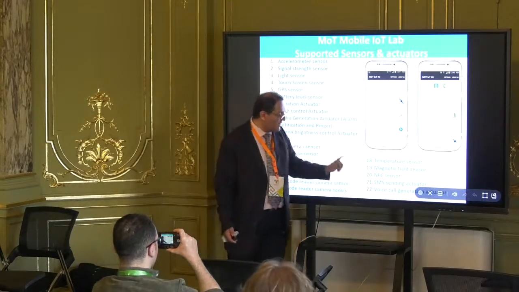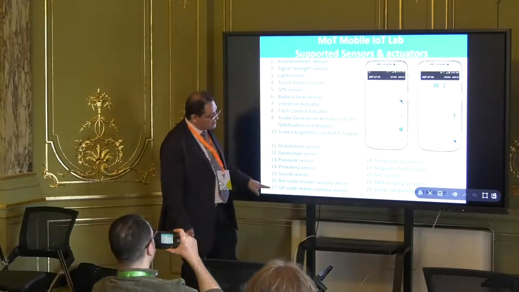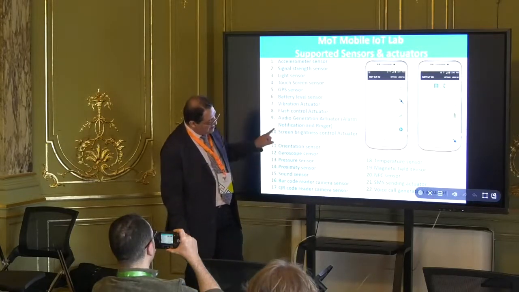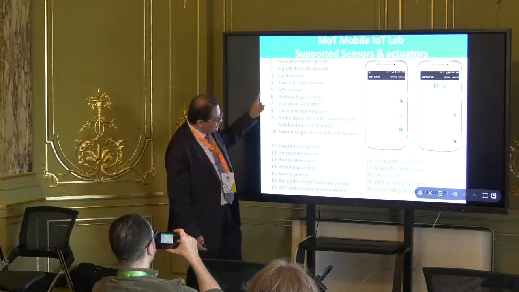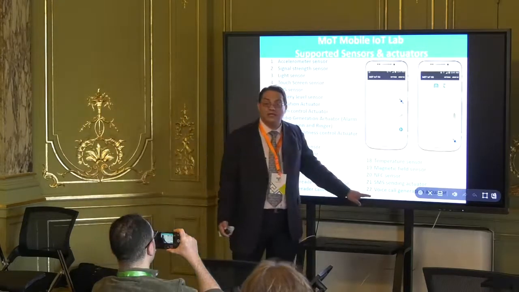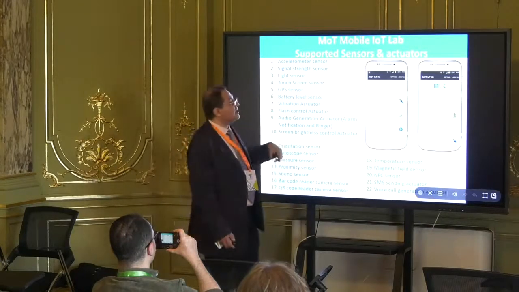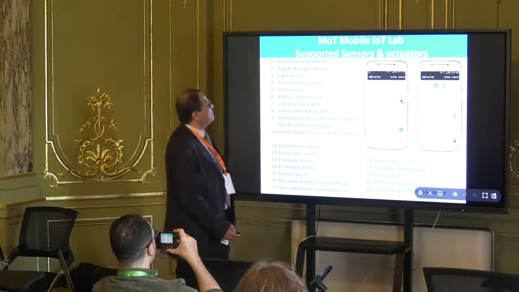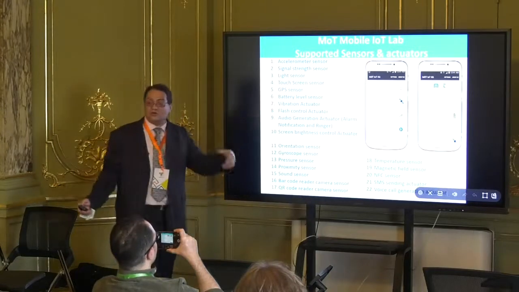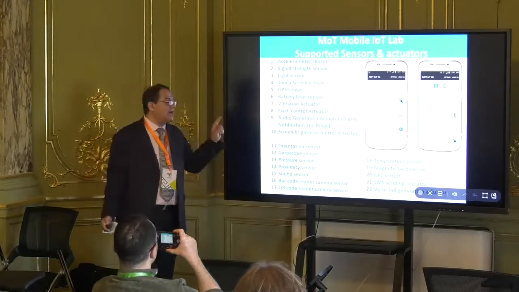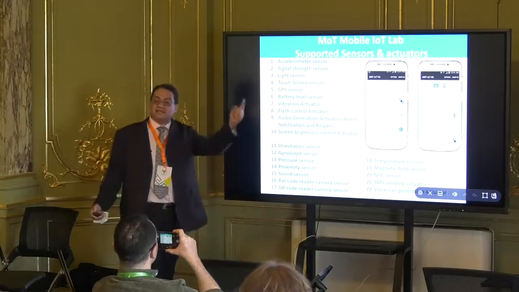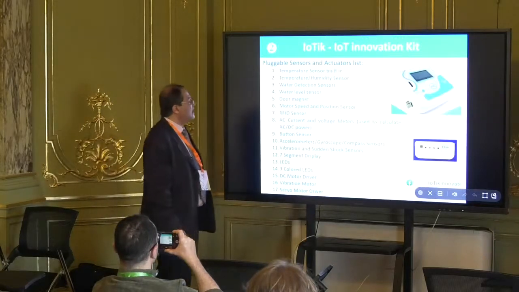We're talking about 17 sensors and I think 5 actuators. So in total we have 22 sensors and actuators, elements in the phone that are accessible with this mobile application. And during the online courses, you can play with these and start activating them, sending their data out to the cloud.